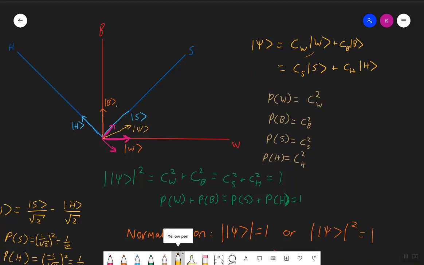Before we measure psi, can you tell me if it's white or black? No, in fact, you cannot, because it's not either. It's somewhere in between. But it's not both either. It can't be both. Once we measure it, it's one or the other, but it can't be both. It's not both, it's not neither, it's not one, it's not the other.